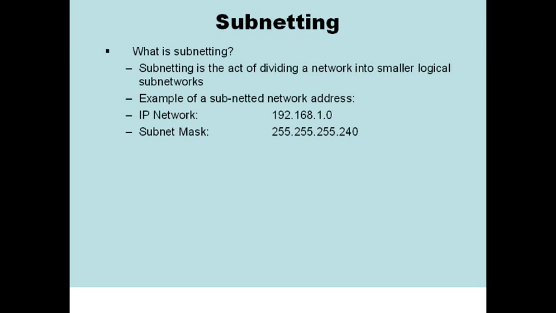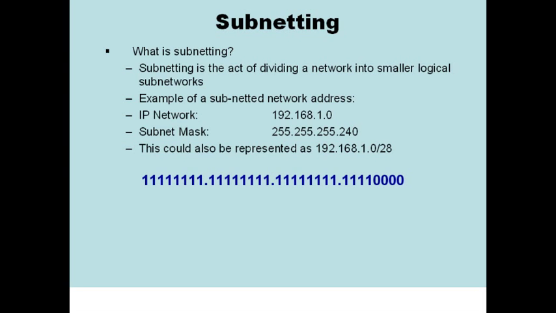But when we subnet, we're going to use 255.255.255.240. What we're going to do is we're going to borrow bits from the host portion. This could also be represented as 192.168.1.0/28 because there's 28 ones in the subnet mask in binary.